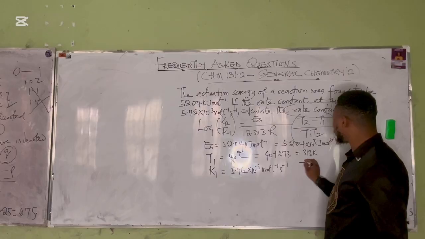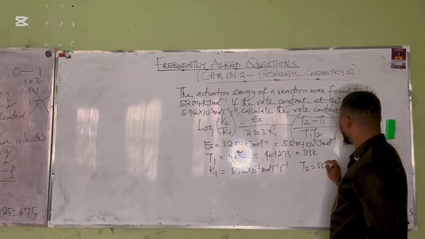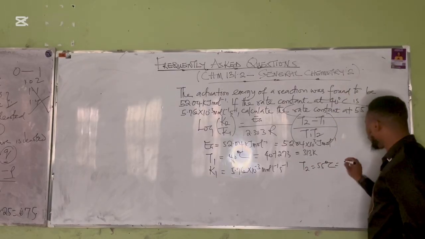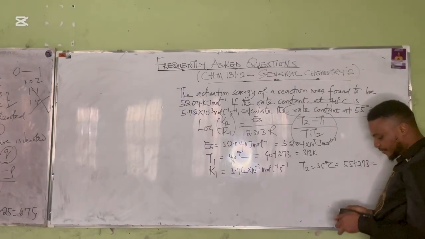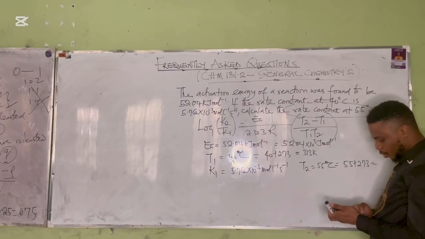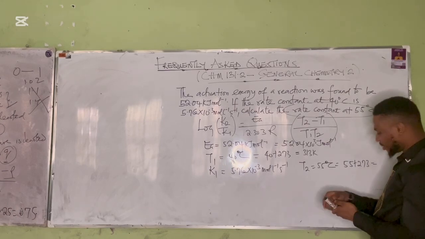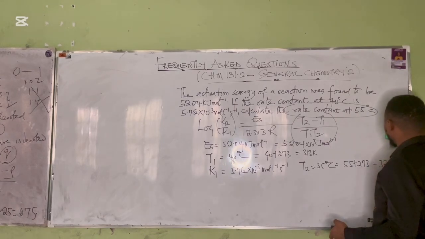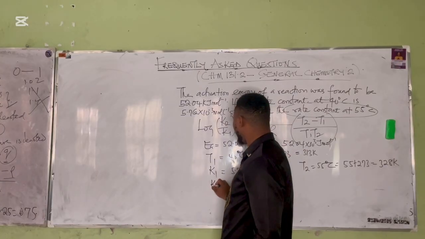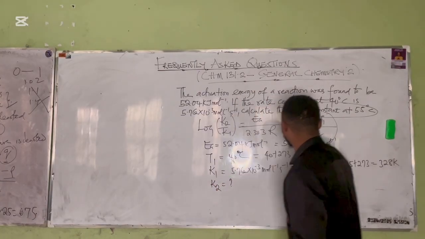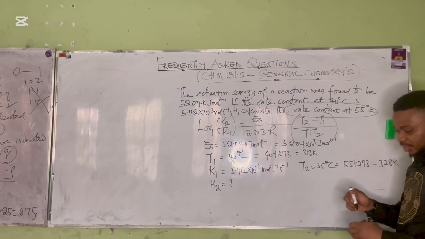Now, T2 is 55 degrees Celsius, so 55 plus 273 is equal to 328 Kelvin. So we are looking for our K2, which is our rate constant at this point.